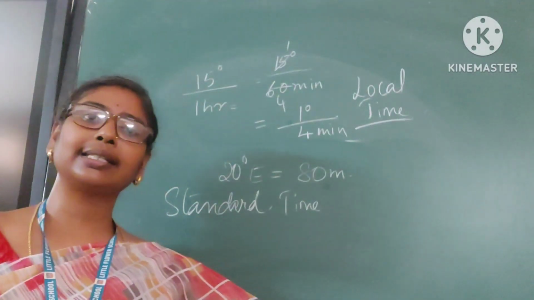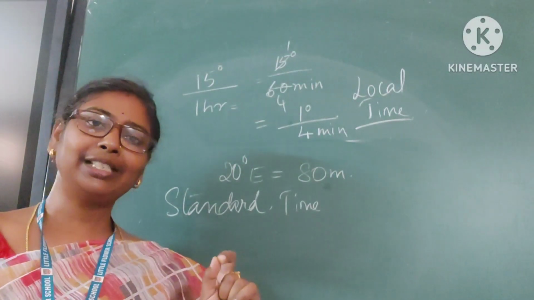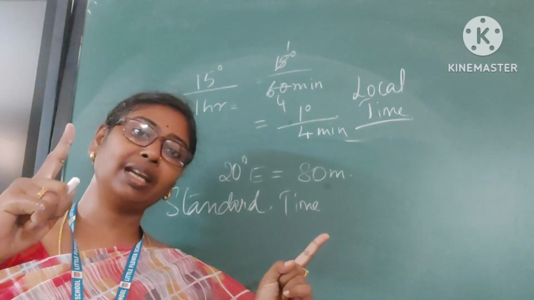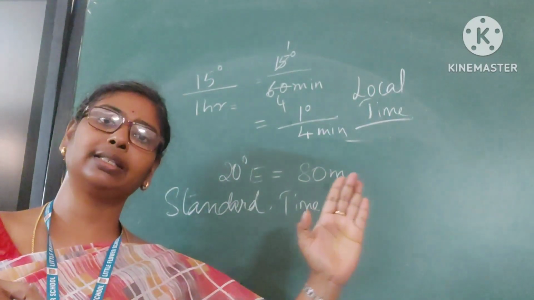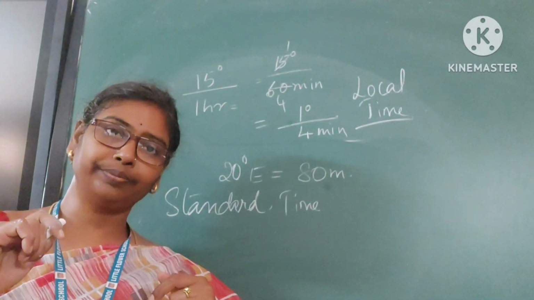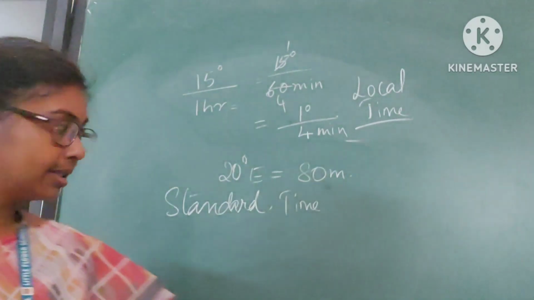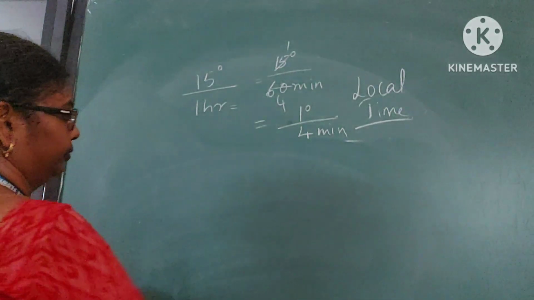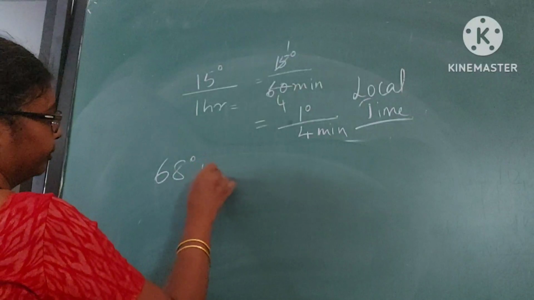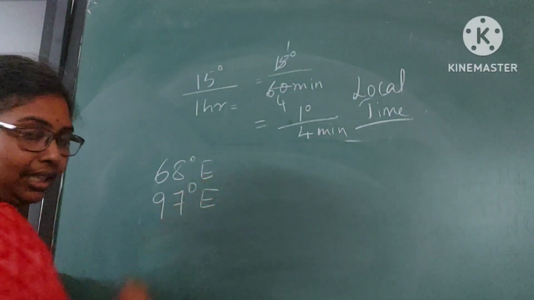To calculate the standard time of India, we generally calculate the midpoint of the extreme longitudes, the east extreme longitude and the west extreme longitude. Here the extremes are 68 degrees east and 97 degrees east approximately.